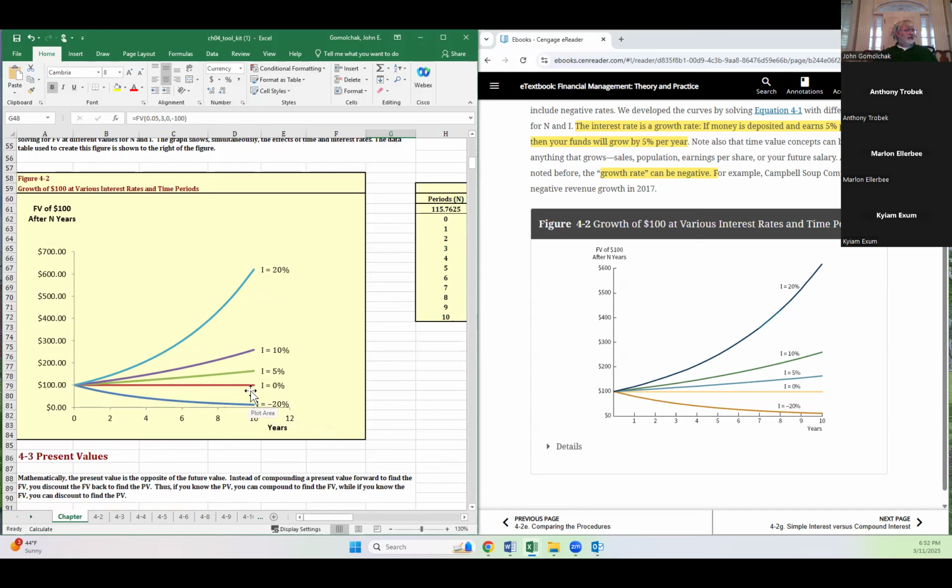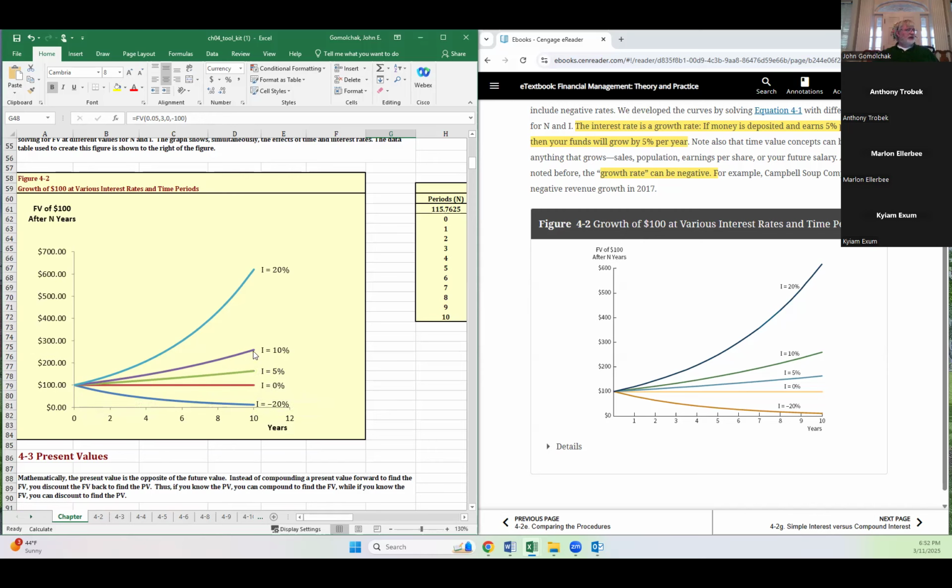The next number that they use is a 0% return, which is a horizontal line directly at the 100. We get nothing for it. This is as if you buried it under your mattress, and at the end of 10 years you took it out, you still have $100. At 5%, you can see we have some growth, above the 0% line.